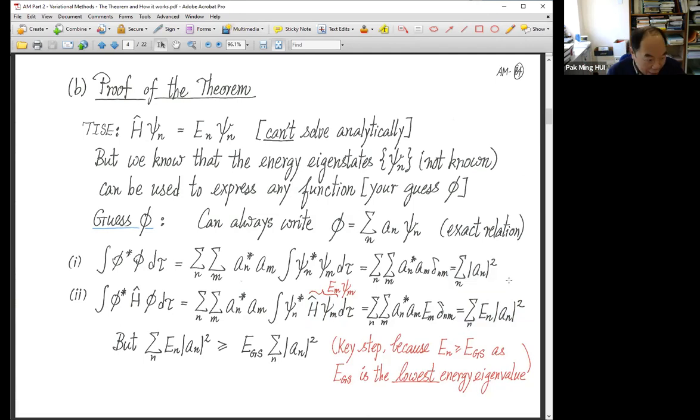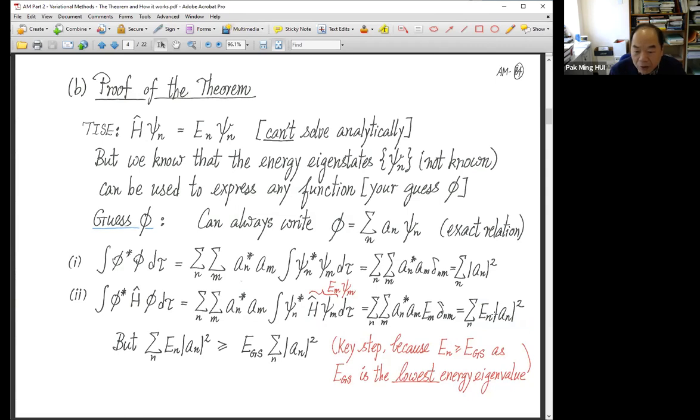So far, it's exact. Now, the theorem enters. Among all these En, there is one that is the lowest. That is the ground state energy. The other thing is positive definite.